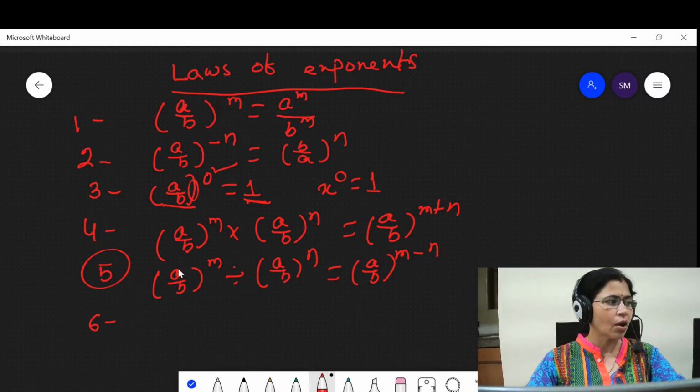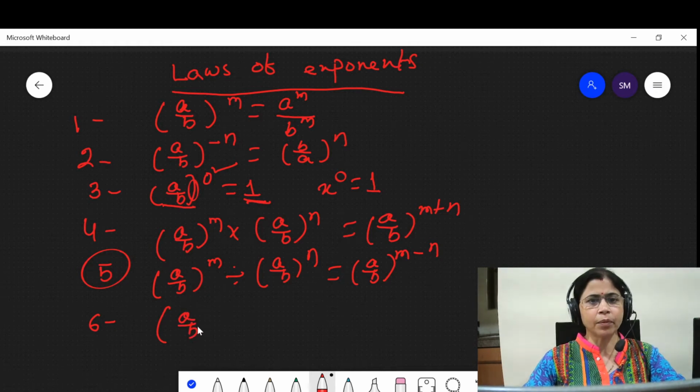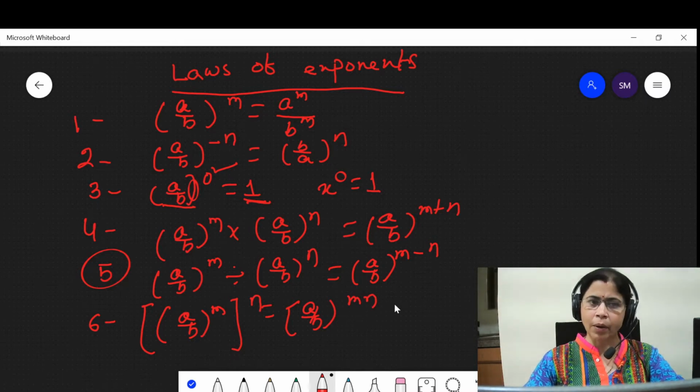Then the sixth law says that ((a/b) to the power m) whole to the power n is equal to (a/b) to the power mn.